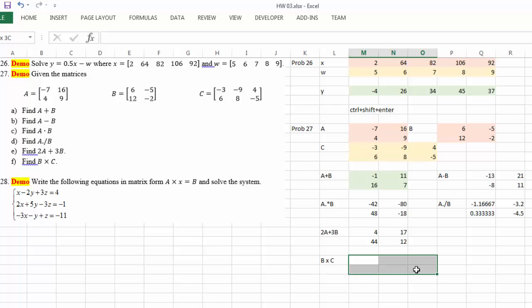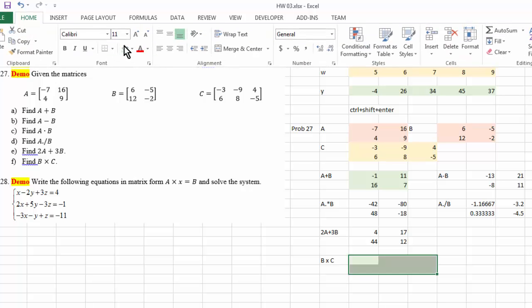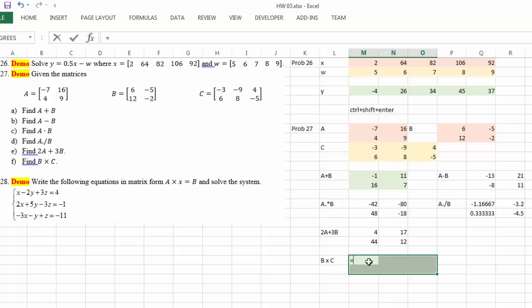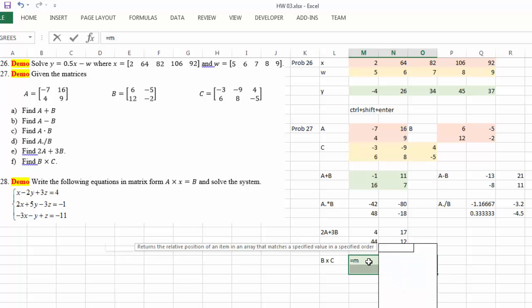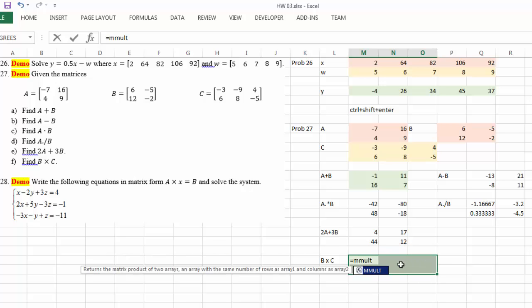as we demonstrated earlier. So to do that, first of all, you still need to know the dimension of the product. So this is a 2 by 2 multiplied by 2 by 3. Therefore, the product is going to be 2 by 3, according to the matrix multiplication rule. And then you need to call in a matrix building function that is MMULT.